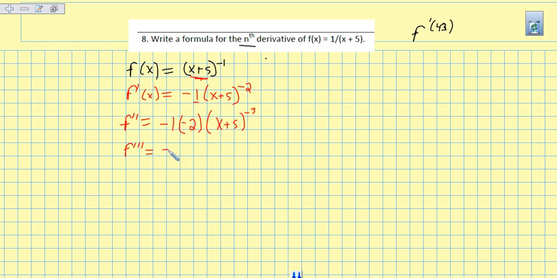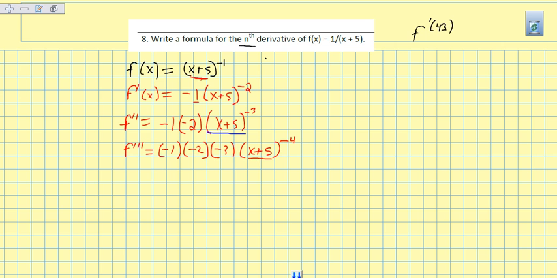So in the third derivative, we still have our 2 constants, -1 and -2. And now we're going to actually take the derivative of this part right here. So we have -3 times x plus 5, and subtracting 1 from -3, we get to the -4th power. And then of course the derivative of the inside quantity is just 1, so that doesn't change anything.